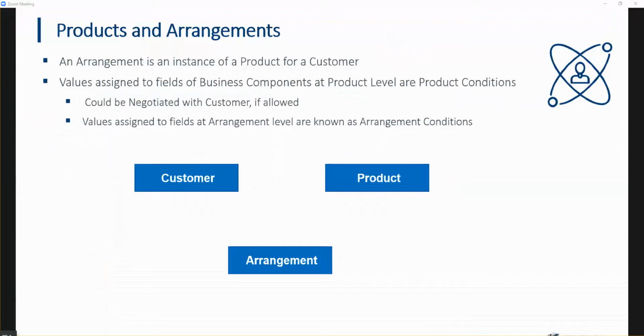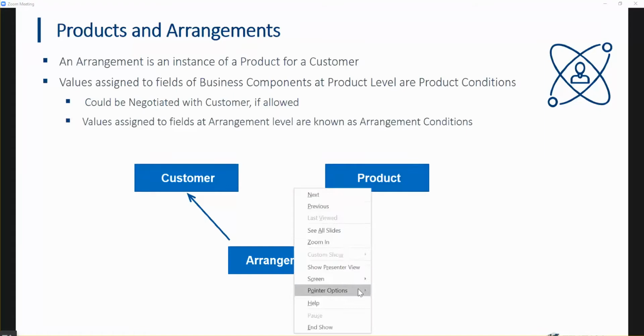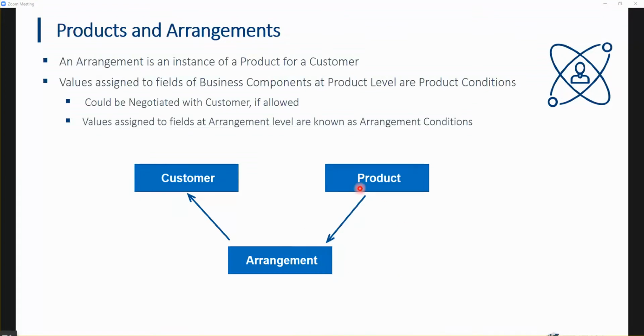Okay, we're moving on. Once you make the changes, the product will default values into the arrangement: interest rate, charges, whatever. For some of them, if it's allowed, you can change or negotiate.